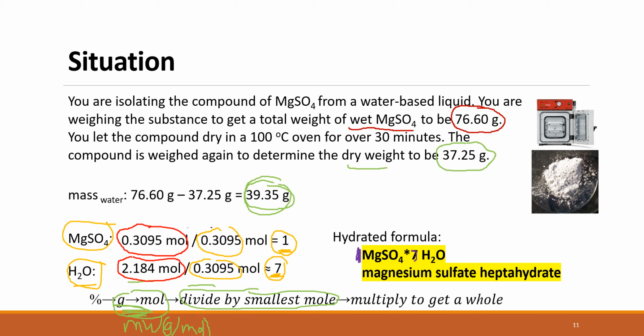And then for the water molecules in this case, we use a prefix, and for 7, the prefix is hepta. And then to represent the water molecule, we use the word hydrate. So magnesium sulfate heptahydrate. Notice this time we did not need to multiply to get a whole number. Sometimes you will, sometimes you won't. Just be aware of that.